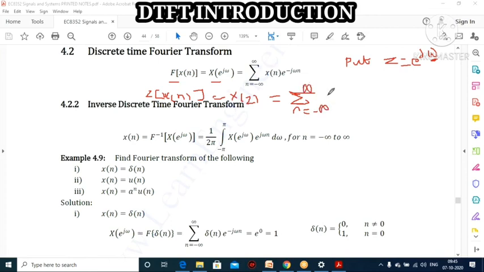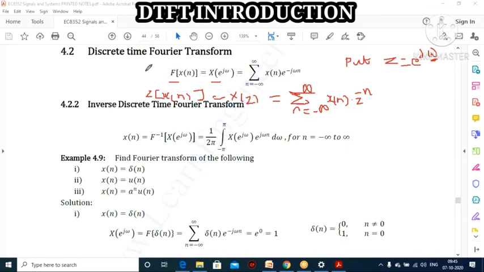Inside the summation you put x of n, the given discrete time signal, multiplied by z power minus n. So this is the definition of the Z transform.